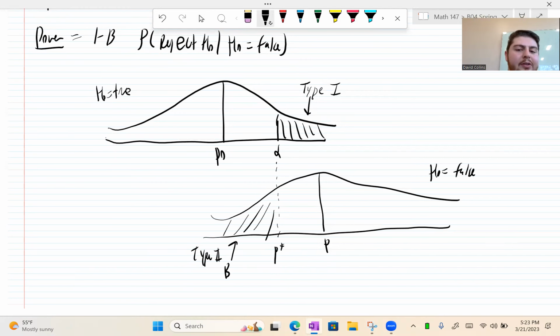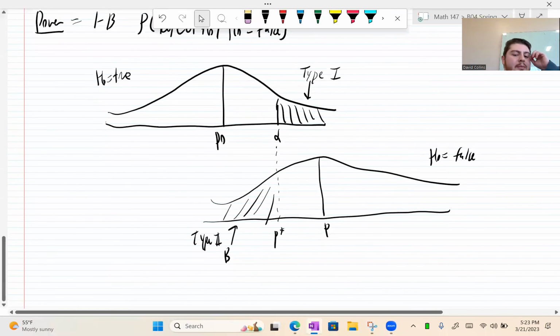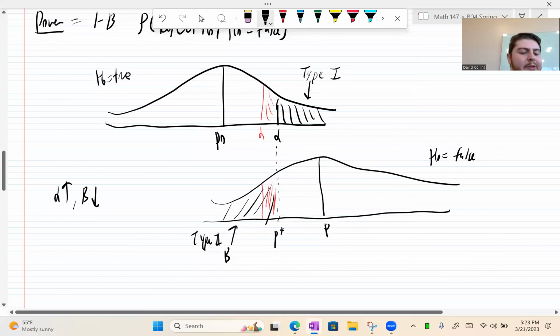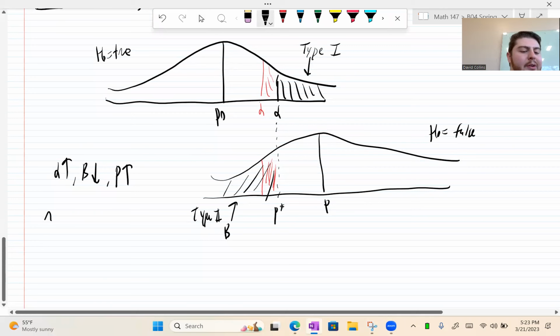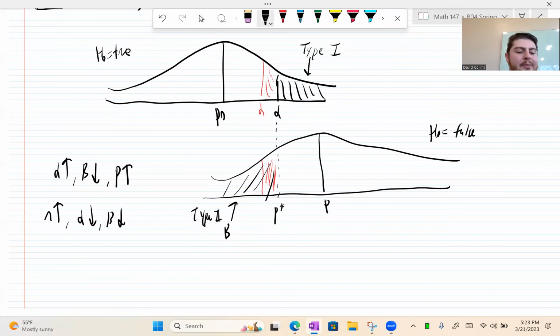This is really important because it shows you the relationship between alpha and beta. If you increase alpha, you decrease beta. So if you increase alpha, you decrease beta, which increases power. If you increase the sample size, you decrease alpha and you decrease beta.